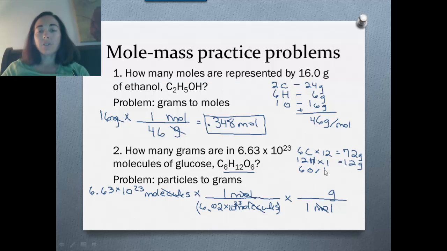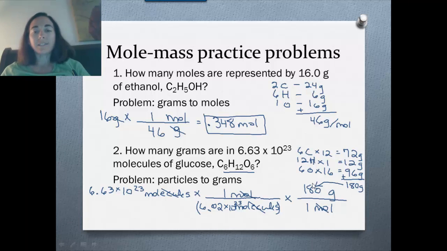And then oxygen is 16 grams from the periodic table, and so if I multiply 6 times 16, I get a total of 96 grams. We need to add all of that together. That gives me 180 grams. That's the molar mass of that glucose. And I'm going to put that 180 grams right there. That's the proper conversion factor for this one.